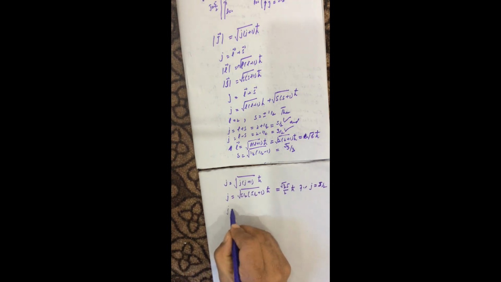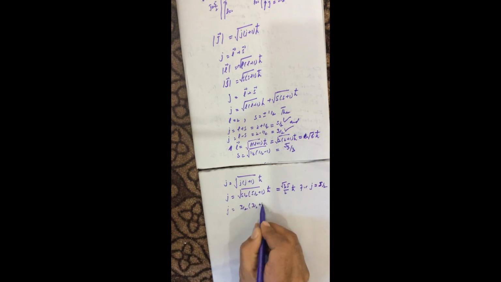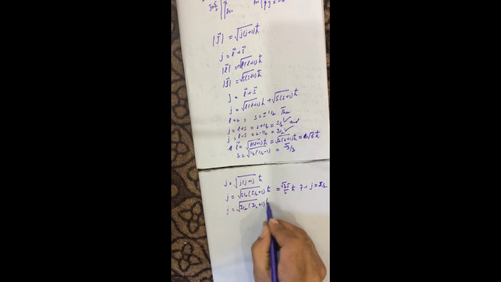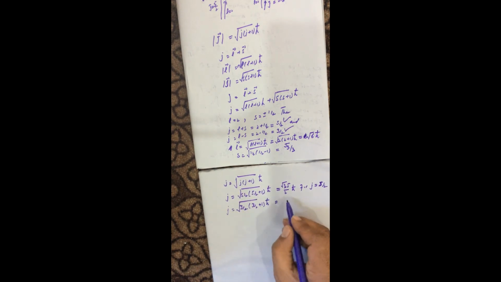And similarly, J is equal to the square root of 3/2 into 3/2 plus 1, times h bar, which is equal to square root 15 divided by 2 h bar for j is equal to 3/2.